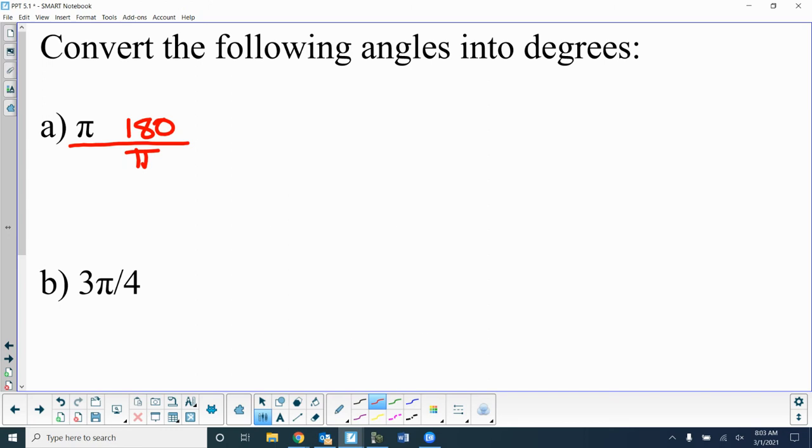We're going to cancel. Yeah, it's going to go away. Right? And what was in front of that pi? There's no number. 1. So what's 1 times 180? 180. So that's 180 degrees, halfway around, right? That's what pi radians is.